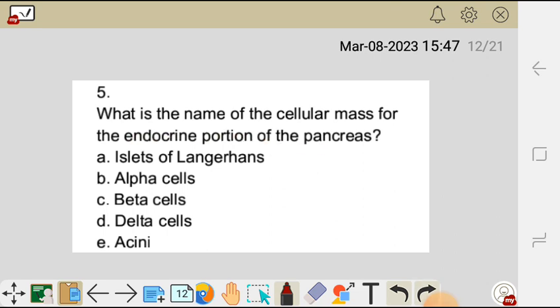As I already explained, the correct answer here is the islets of Langerhans. These are simply cellular masses which form the endocrine portion of the pancreas, and they consist of alpha cells, beta cells, and delta cells. The exocrine part is the acini, which secretes into a duct.